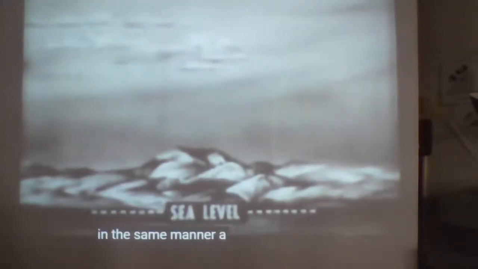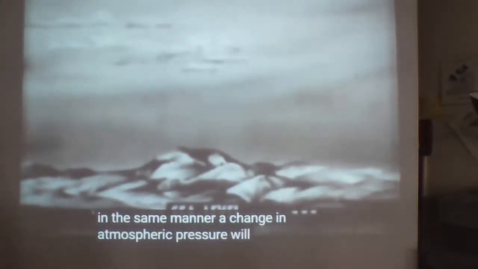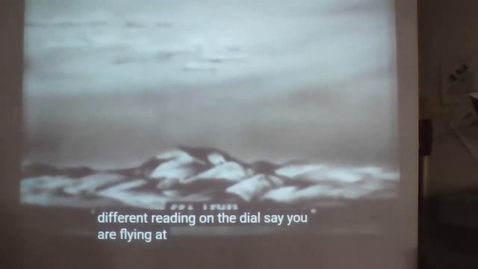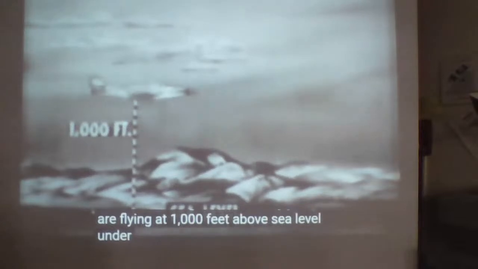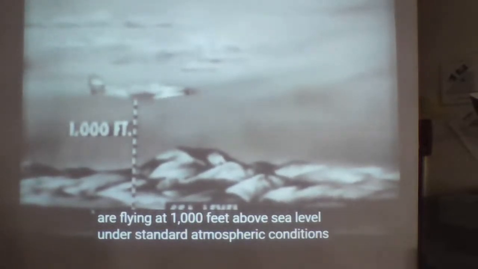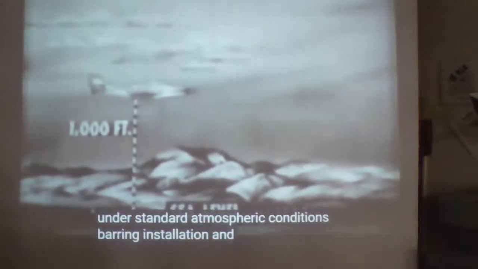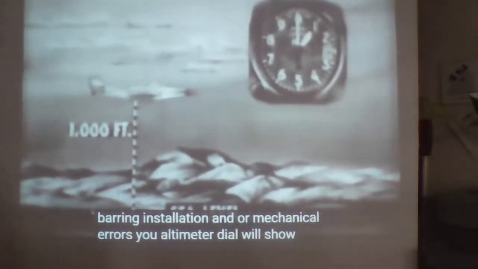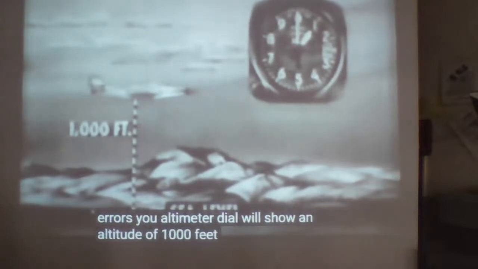In the same manner, a change in atmospheric pressure will cause a different reading on the dial. When you are flying at 1,000 feet above sea level under standard atmospheric conditions, barring installation and/or mechanical errors, your altimeter dial will show an altitude of 1,000 feet.